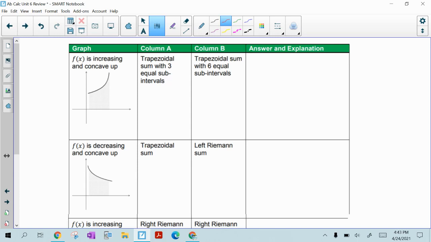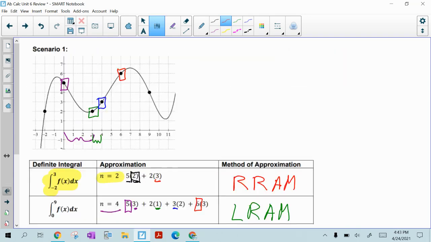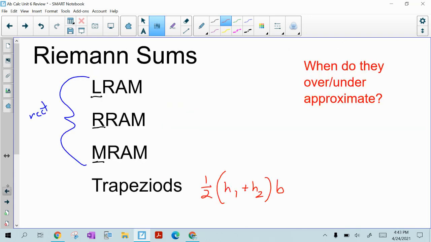I'm going to go back a couple slides because I skipped through that too quickly. When do you know when things underestimate and overestimate? Well, with LRAM, if the function is increasing as opposed to decreasing, and if you don't remember this, do a quick sketch.